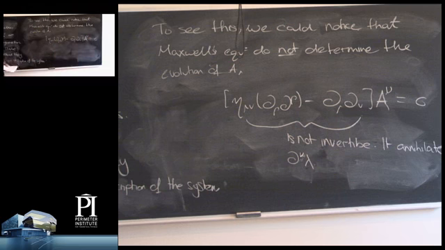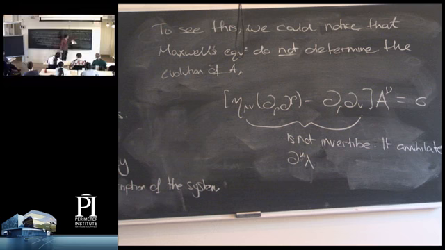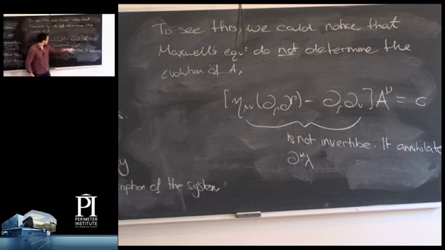So these are Maxwell's equations written in terms of A. This is the second order differential equation that you get. This is just ∂_μ F^{μν} equals 0. But this operator is not invertible. In particular, it annihilates anything of the form of a derivative of some function: if you put that on the right-hand side, it's annihilated by this operator.